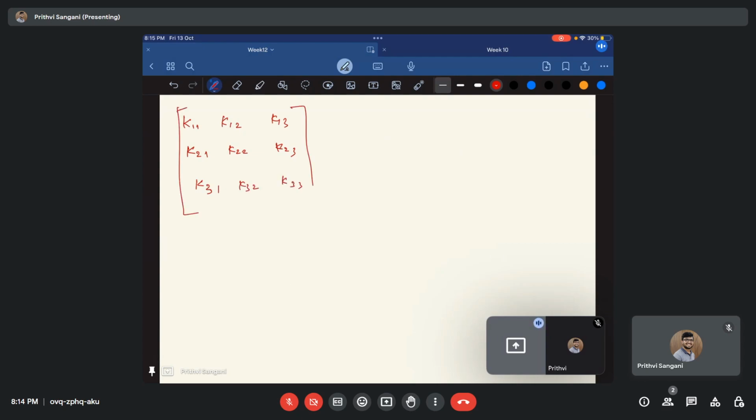These are the elements of the stiffness matrix. What does K11 mean? K11 means the force in the direction of the first degree of freedom by applying a unit displacement in the direction of the first degree of freedom. What about K12?